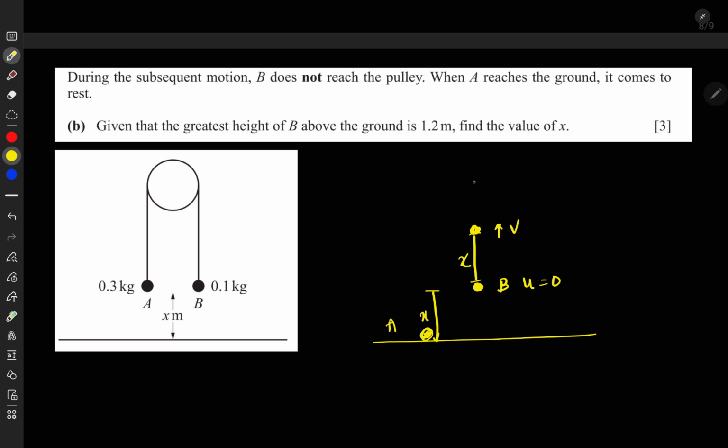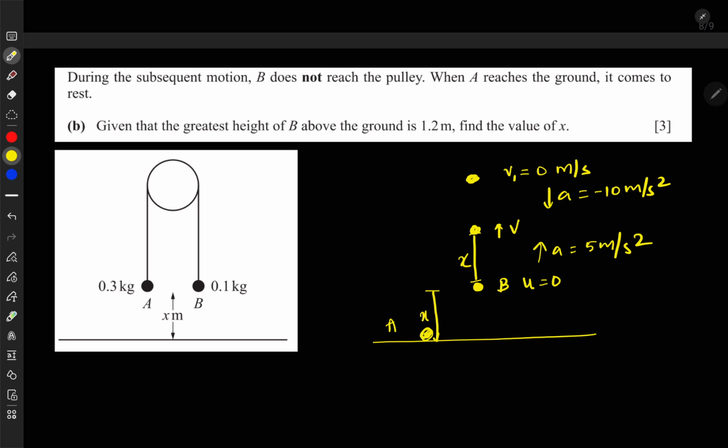Then with that velocity it will try to go up, and again it will reach a highest point where its velocity, let's say v1, will be equal to 0 meters per second, because it will be influenced by gravity. So here the acceleration is towards up, that is 5 meters per second squared. And here, from this point to that point, the acceleration is towards down, that will be equivalent to minus 10 meters per second squared.